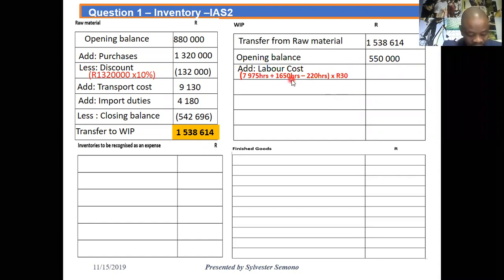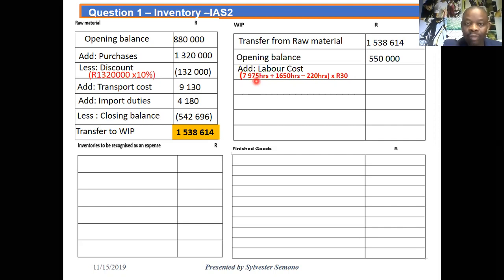Remember the hours, if you can go back to the information there, they say we had incurred the production capacity and the normal capacity of 9,515 hours and 7,975 respectively. So here we need the normal hours. So the normal hours were 7,975.